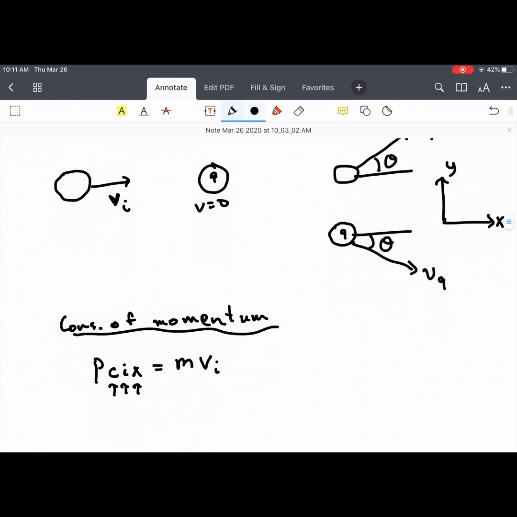And everything else is 0. So for example, the cue ball is not moving in the y direction initially. So that's 0. The 9 ball is not moving in the y direction or x direction initially. So just as a vector, the 9 ball initially has 0 momentum. And so that's everything. This is our momentum for everything initially.